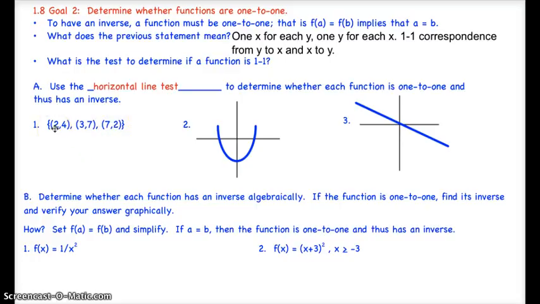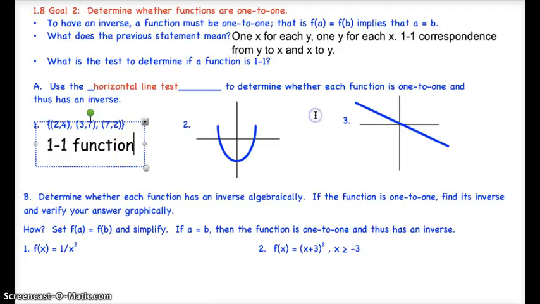So notice the x value of 2 is never repeated in the x's, the x value of 3 is never repeated in the x's, and the x value of 7 is never repeated in the x's. We could say the same for 4, 7, and 2. So 2, 4, 3, 7, and 7, 2 does represent a one-to-one function.